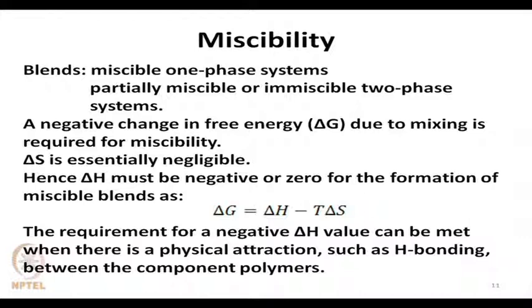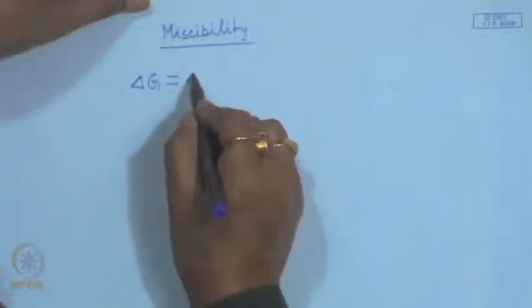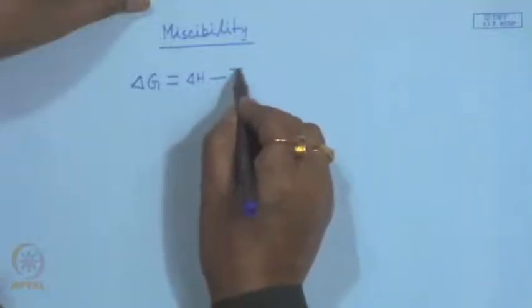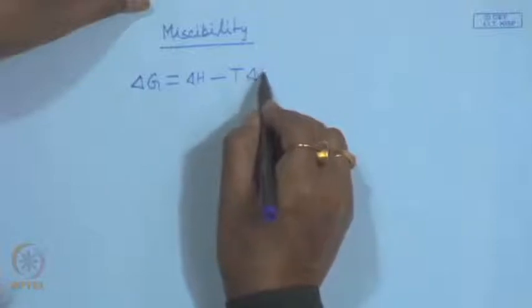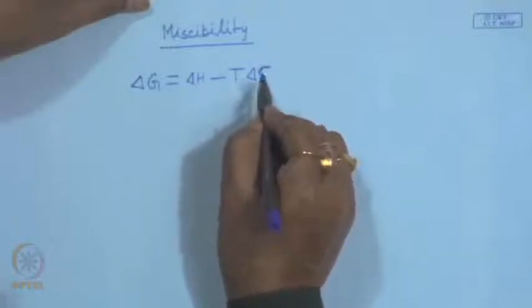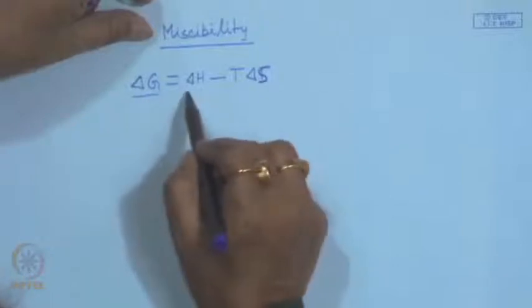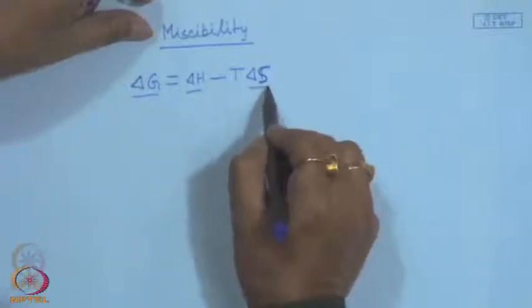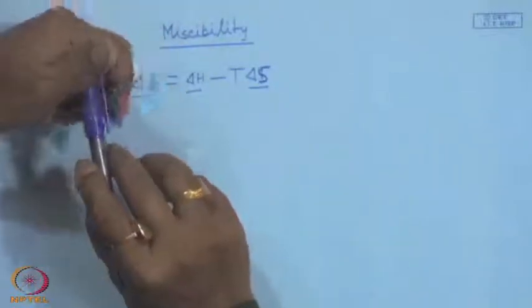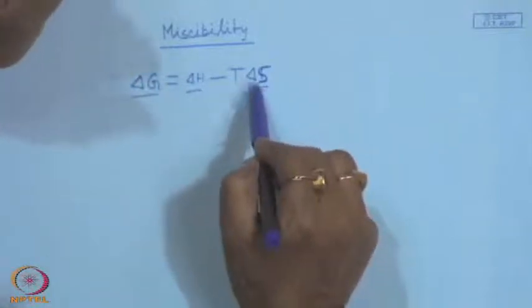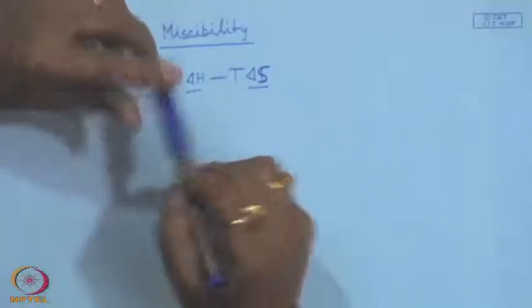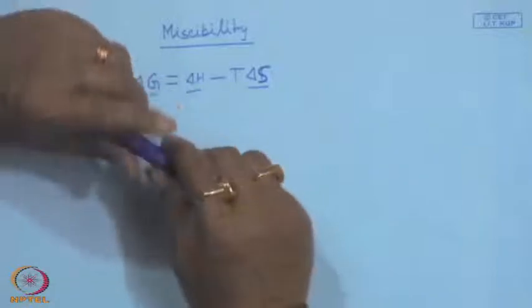In that case, we must consider the famous equation, delta G is equal to delta H minus T delta S, where delta G is the free energy of mixing, delta H is the enthalpy change or heat of mixing, delta S is the entropy of mixing, and T is the absolute temperature.